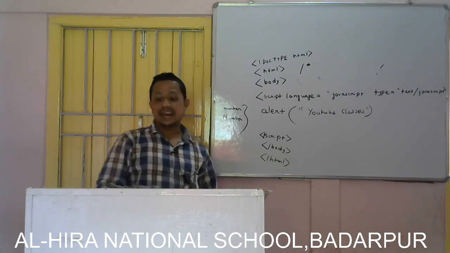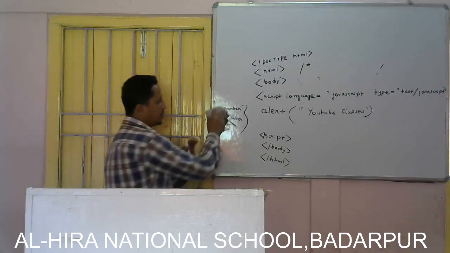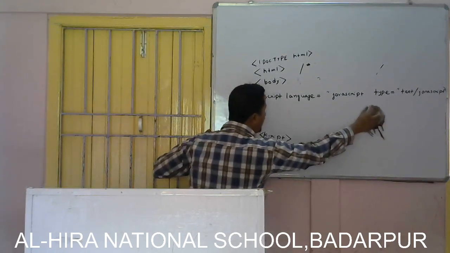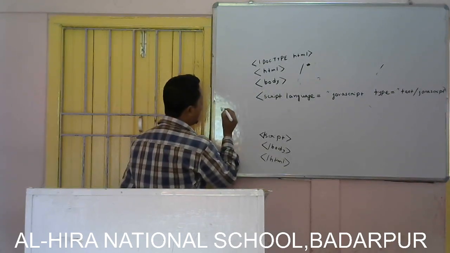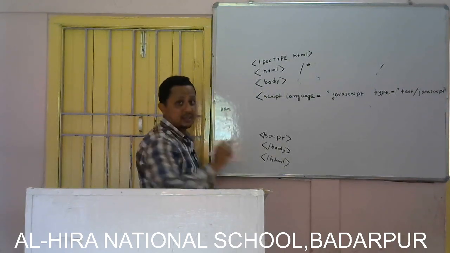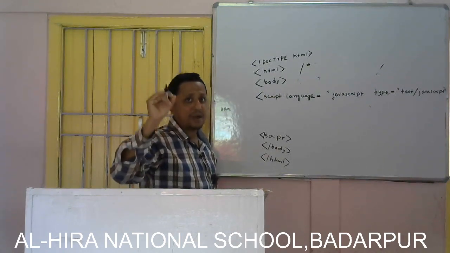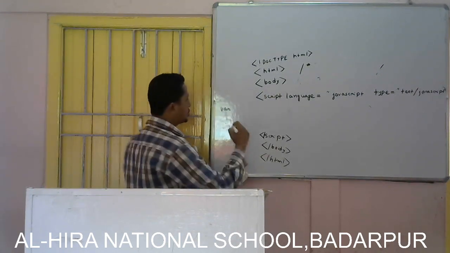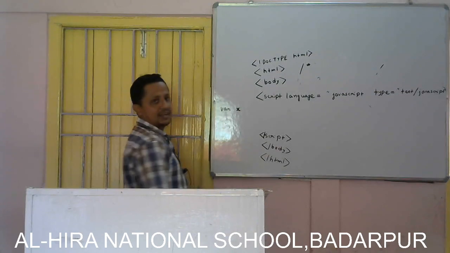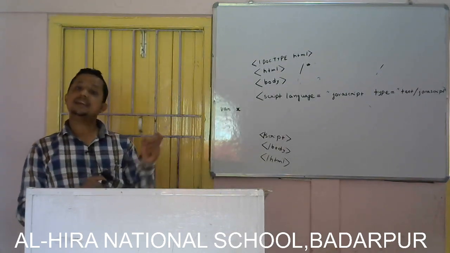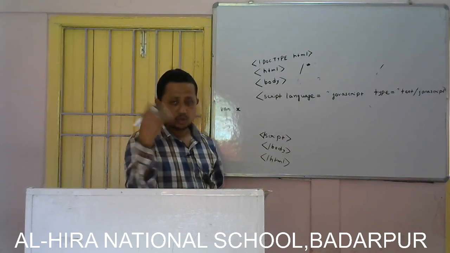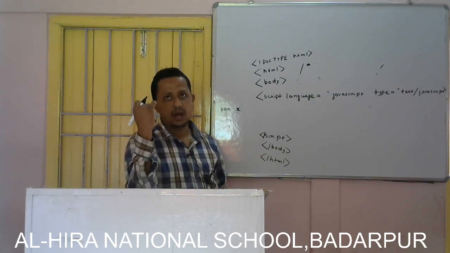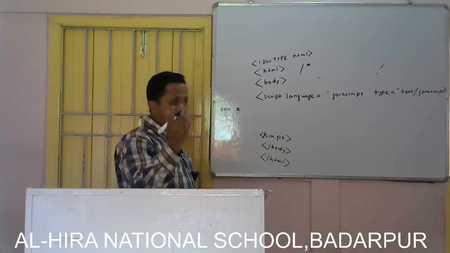Now, how to declare a variable in JavaScript? For declaring a variable, we simply write var, say the name of my variable is X. So it will be var X. This is how I have declared a variable. Now say if I have two variables, value1 and value2, how to declare them?